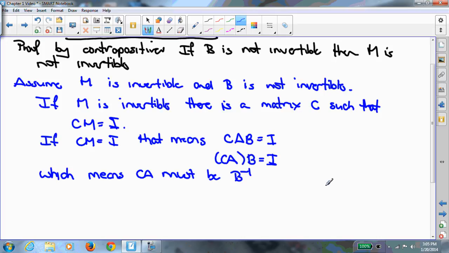Because the matrix times B equals I, that means that matrix has to be the inverse of B. And here we go, that's our contradiction, because we assumed B was not invertible.